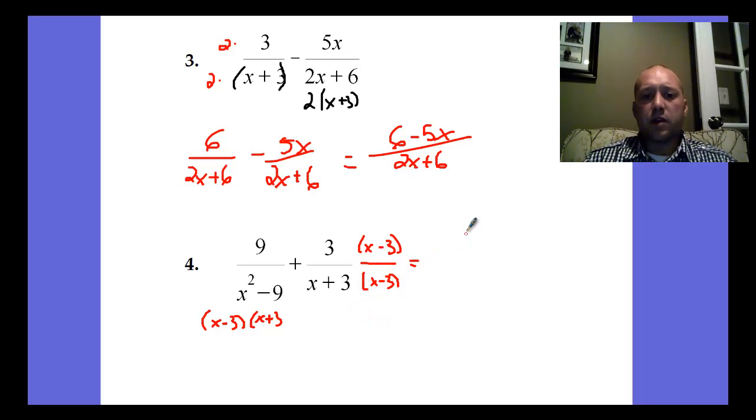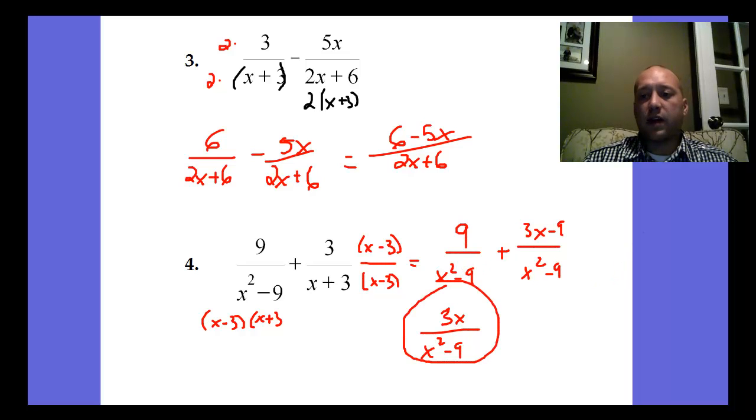So then the problem becomes 9 over x squared minus 9 plus, I distribute the 3, I get 3x minus 9 over x squared minus 9. If I combine like terms in the numerator, 3x, and 9 plus a negative 9 is 0. So 3x over x squared minus 9 will be the final answer.